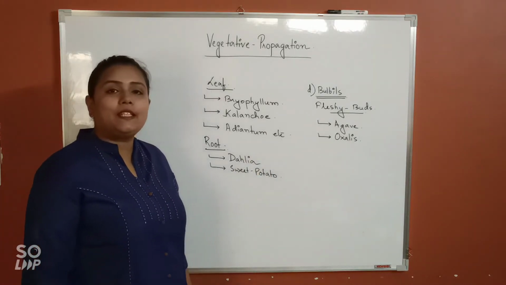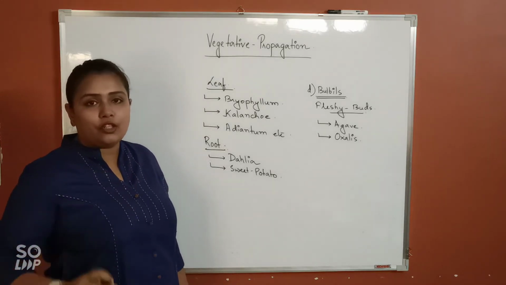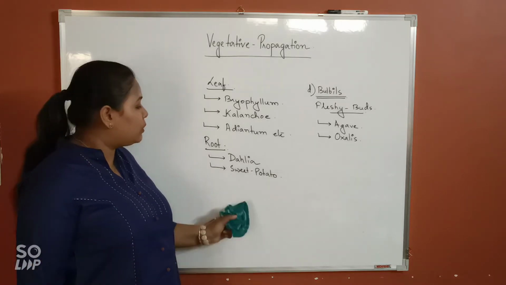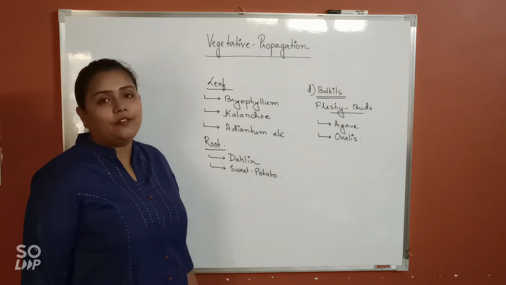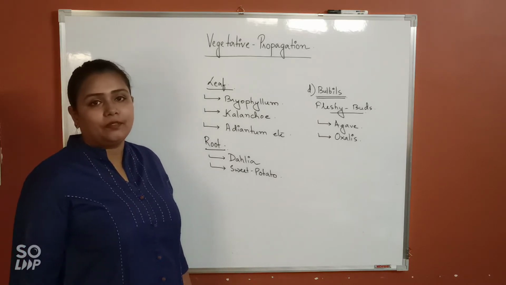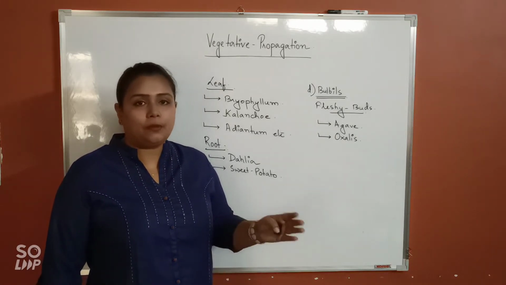Sweet potato, as it bears adventitious buds in its structure, can give rise to new plants, and hence we also call it a reproductive root, which we have discussed in the class 11 morphology chapter, right? So that was about the natural modes of vegetative propagation.